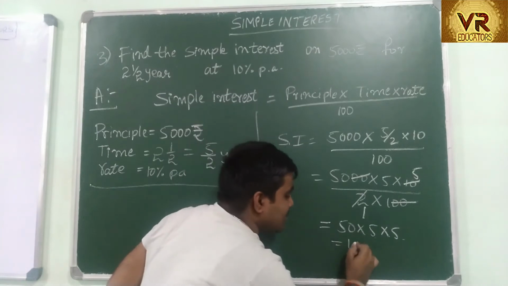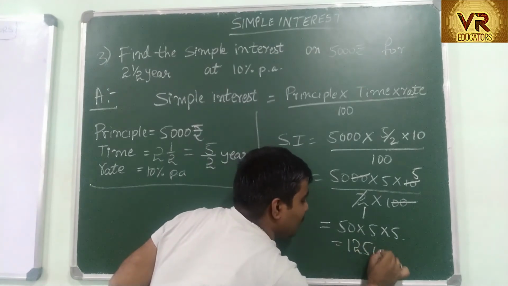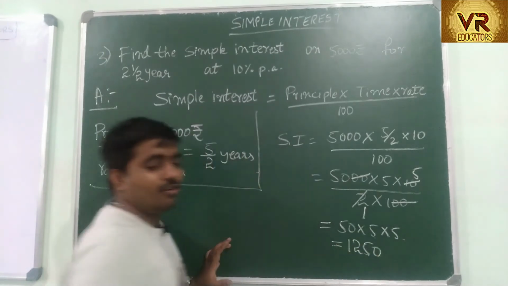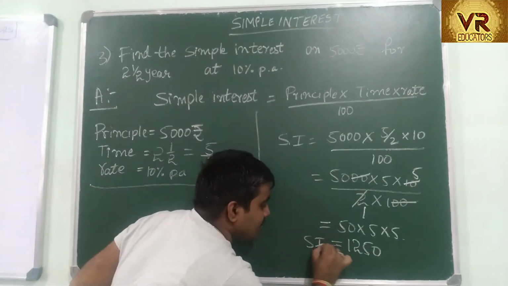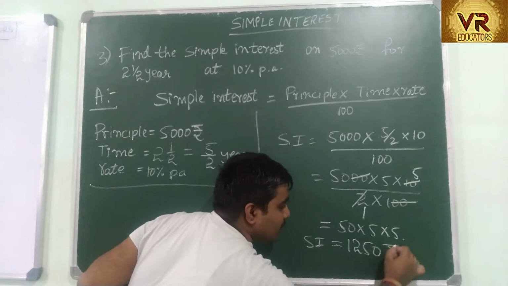We have one more zero. We can write it as 125 followed by 0. So your simple interest is 1250 rupees.